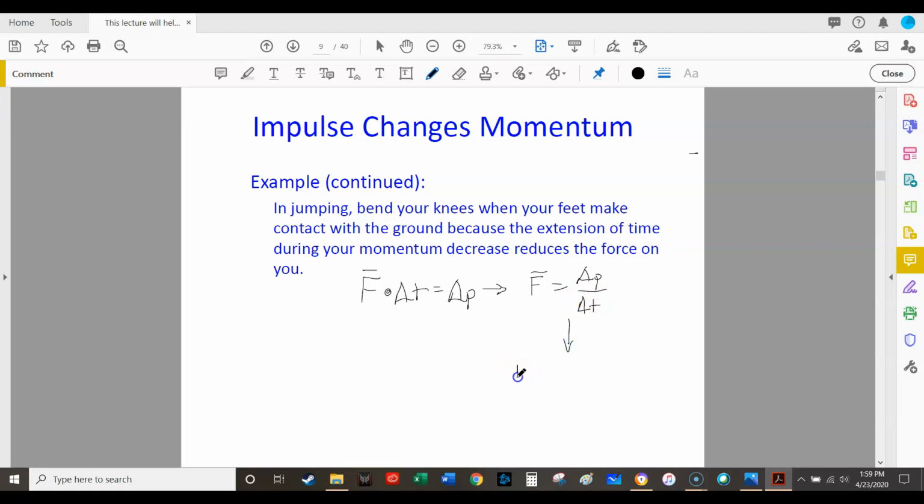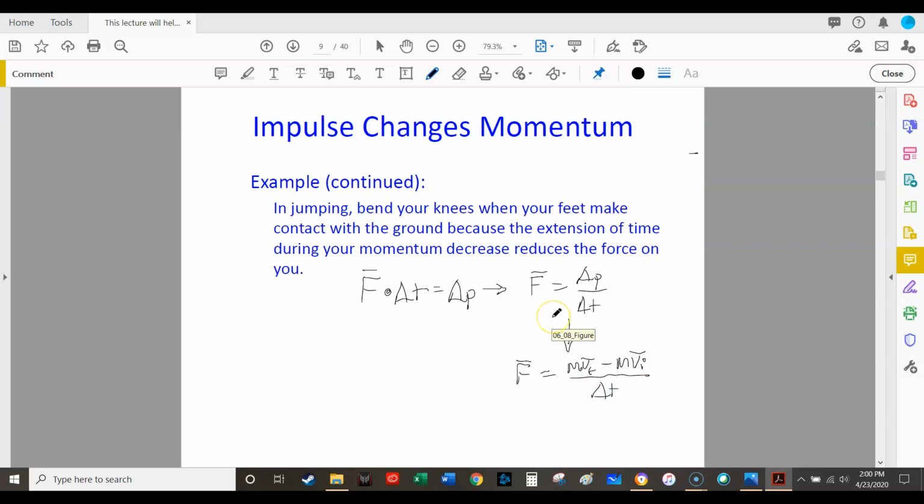And I'll illustrate that here. I'll actually draw the mass times final velocity minus mass times initial velocity over the total change in time, right?